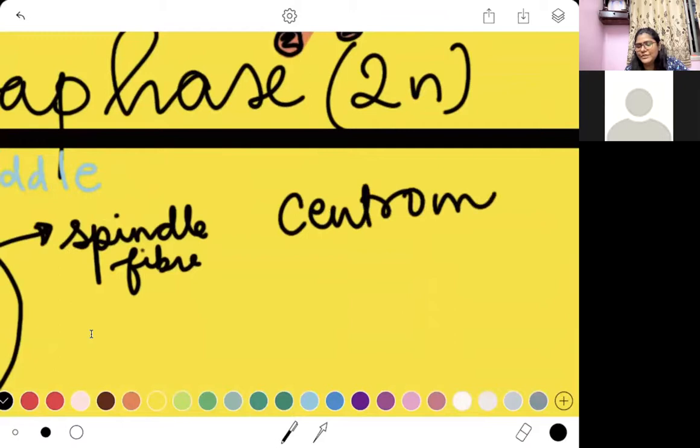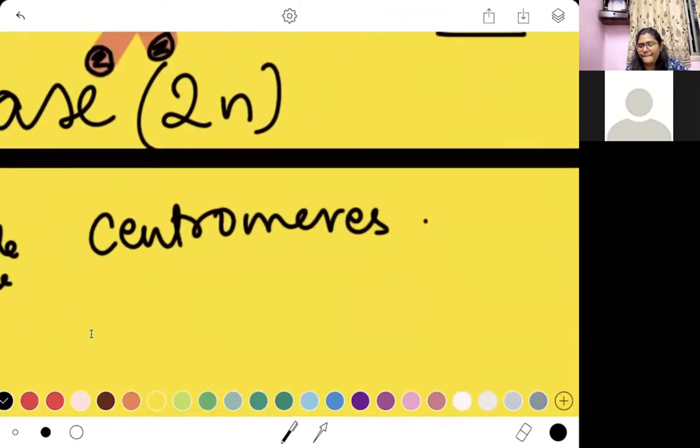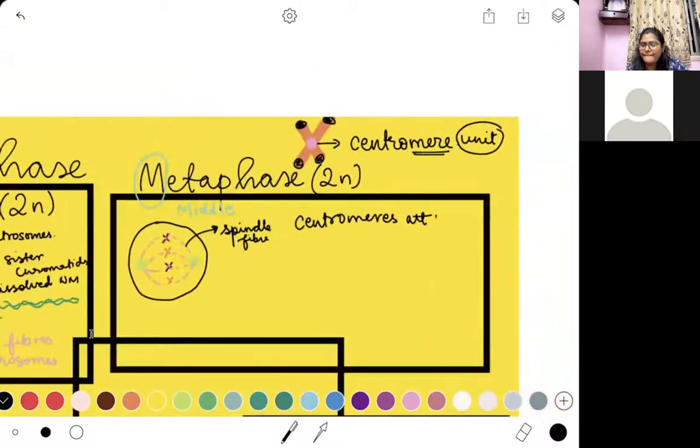Centromeres attached to spindle fibers. That is your first thing. You want to remember that your chromosomes are going to be aligned in the middle.